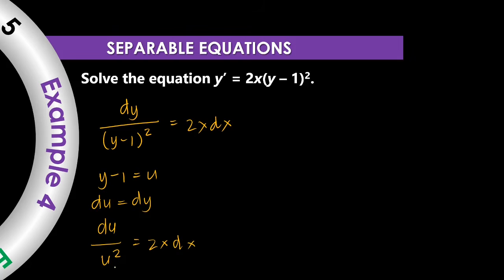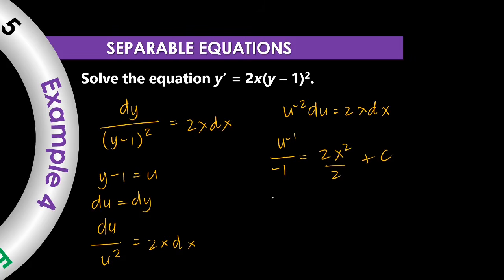Now, du over u squared can be expressed as u raised to negative 2. So we can now integrate this u to the negative 2 using the integral of a power function, that will become u to the negative 1 over negative 1 equals 2x squared over 2 plus c.